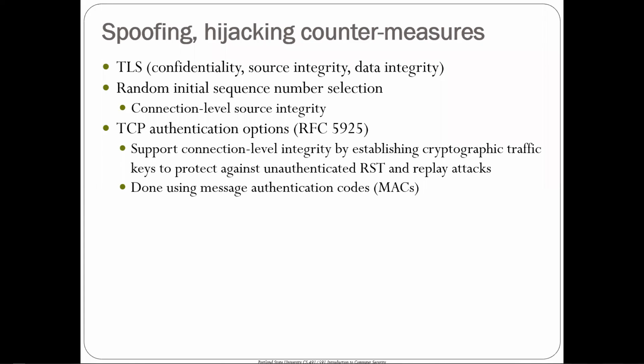For the connection level source integrity issue that we talked about with the blind spoofing, you do need a truly random initial sequence number so that it can't get guessed easily.